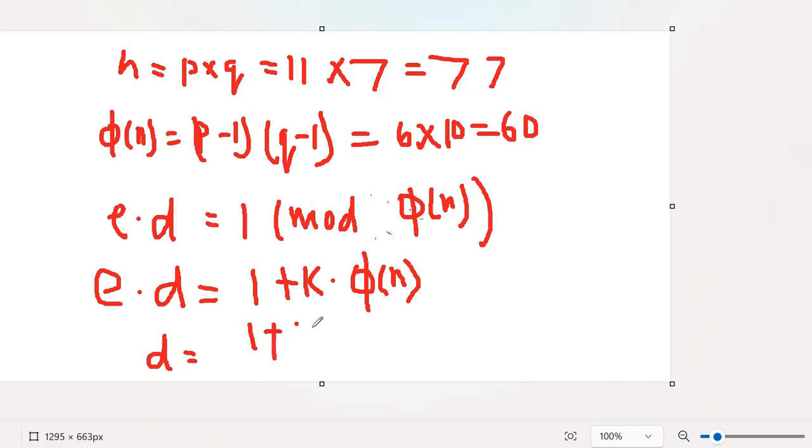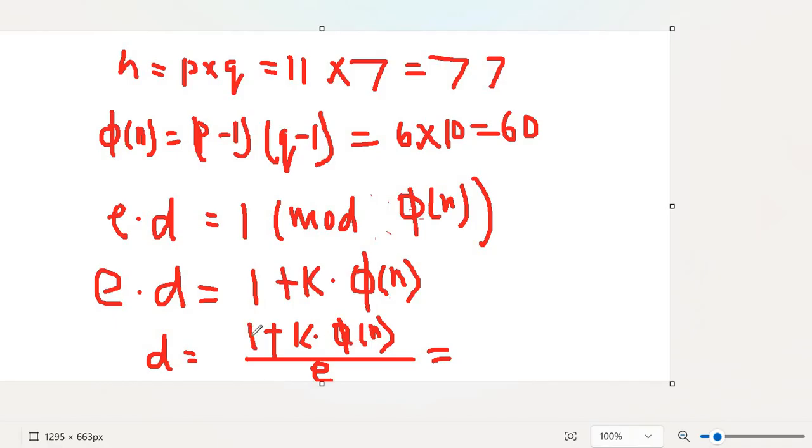Mathematically it's better, you can try from this equation also, but better we will write it like this: d equals 1 plus k into phi n, divided by e. So I hope now you have the complete equation to calculate d, because we have to calculate d, so we will send e to the right hand side.